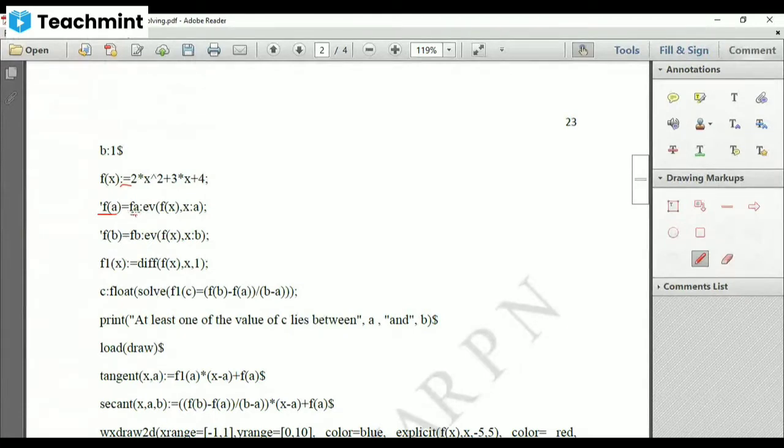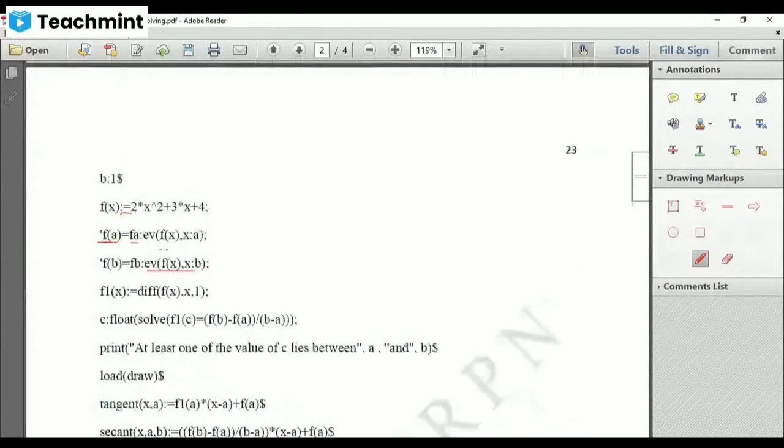So FA colon evaluate f of x comma x colon A. This will give you f of A value. So we want to display that, so put a semicolon. Then apostrophe f of b equal to fb, which is colon evaluate f of x comma x colon b semicolon. That means this will give you f of b value.